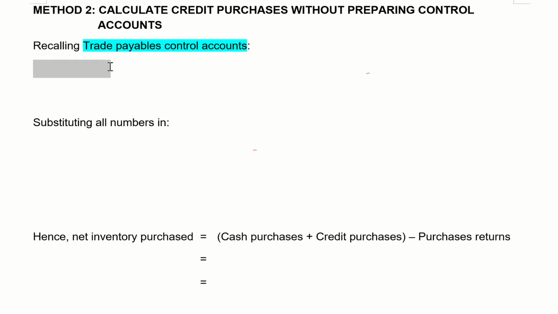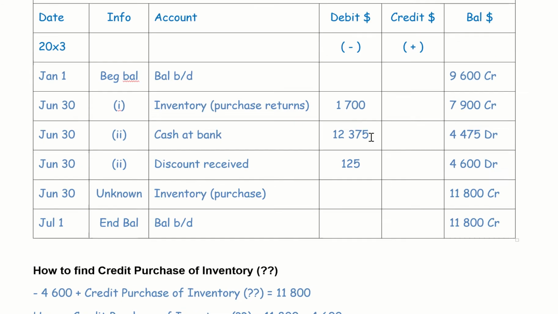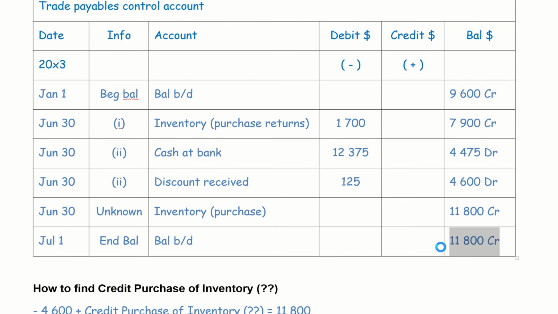So again, your trade payable control account, your objective is to calculate the ending balance. So in order to calculate the ending balance, you take your beginning balance, minus away your purchase returns, minus away cash at bank because you paid the traders, minus away discount received.